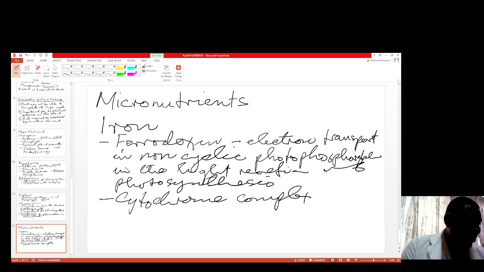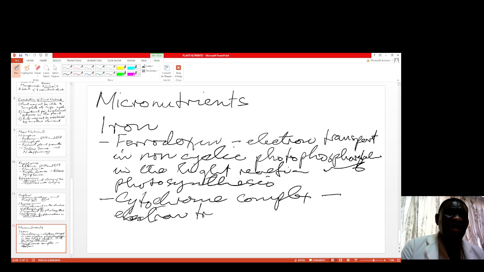Again, electron transport in photosynthesis.